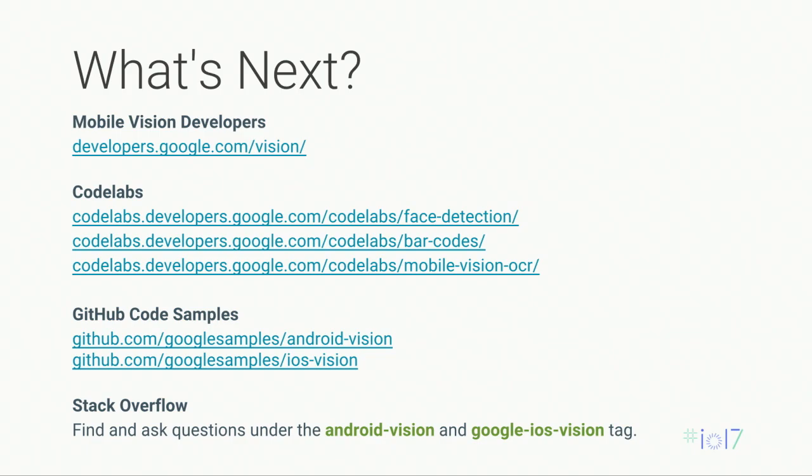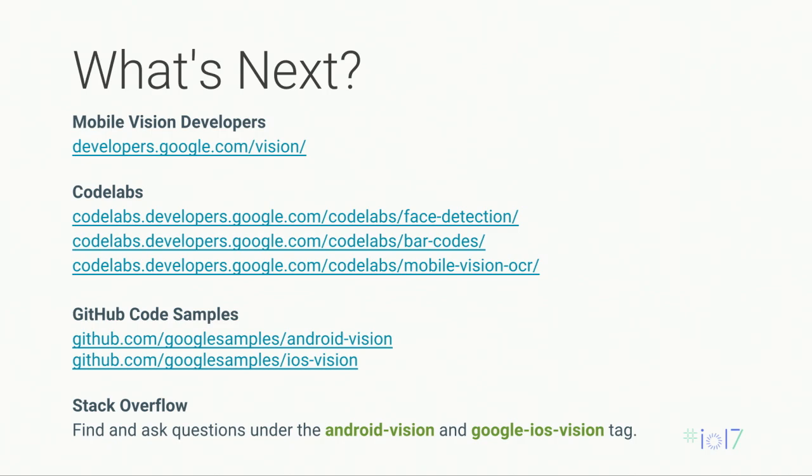And here are some useful links for people who might want to know more about the Mobile Vision API. The first link is our official website, where we put our documentation. And the three code labs we developed for the Android API. These code labs have step-by-step instructions from how to create an Android project, to how to use the API, to how to build the app.